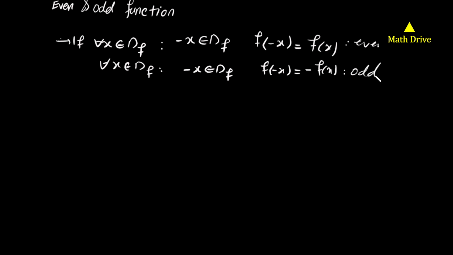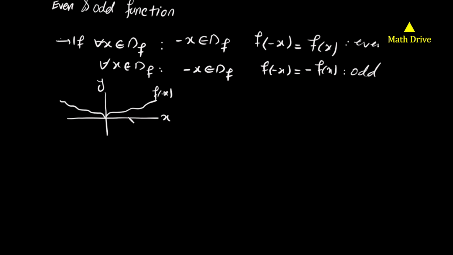If we take a look at the graph of even and odd functions, suppose that this is x, y, and if this is a function like f of x, this function is an even function. Why?